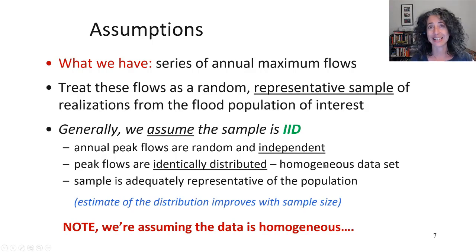Another way to say that is the data is homogeneous, and because we collect data over time, the data is also stationary. We're assuming that the sample is adequately representative of the population, but at the same time, we're keeping track of our uncertainty in that assumption and knowing that the estimate of our probability distribution is going to improve with sample size, and noting that the sample size we have is 108 years.